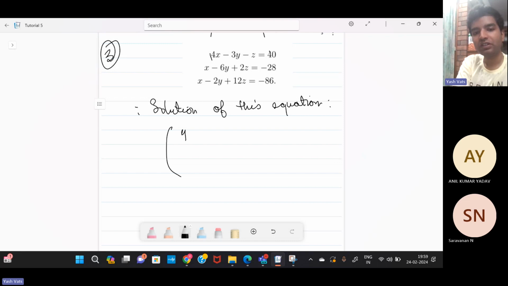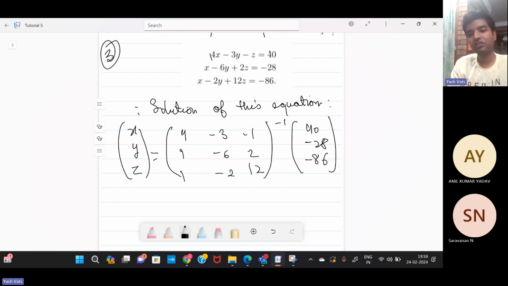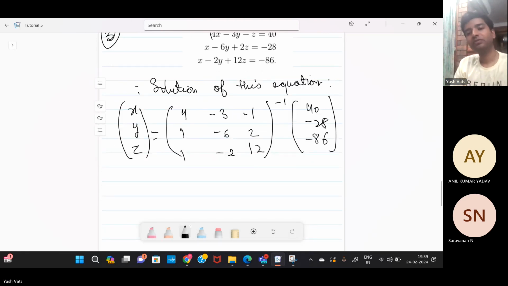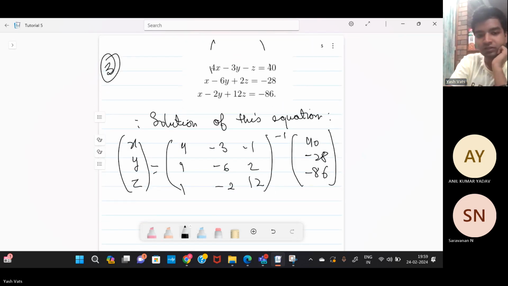Try to find the inverse of this matrix, or use any other method. What is the solution of this system? Just calculate the x, y, z values and we will check which method is good.